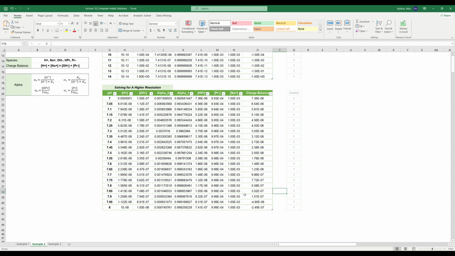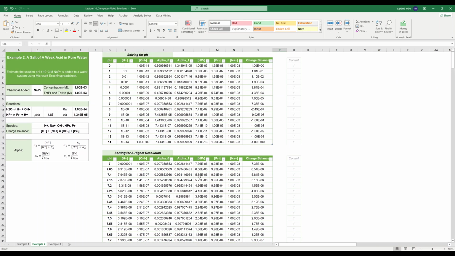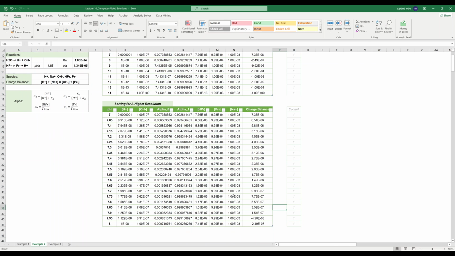That's accurate enough. As you saw, the biggest difference between this example and the previous example was that we added NaPr instead of HPr. Adding a salt of a weak acid, compared to just adding the weak acid by itself, changes the pH from somewhere between 3.95 and 4 to a number between 7.9 and 7.95.